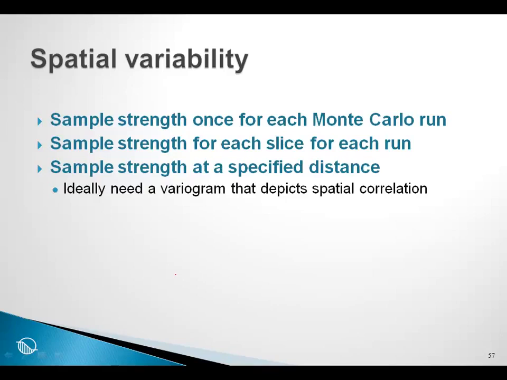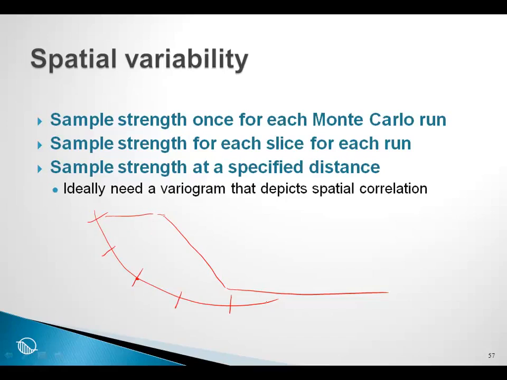A key variable that comes into a Monte Carlo analysis is what is known as spatial variability. If we had a slope here and a slip surface, and the strength here varies statistically, the question becomes, how often should we sample the strength along this slip surface?